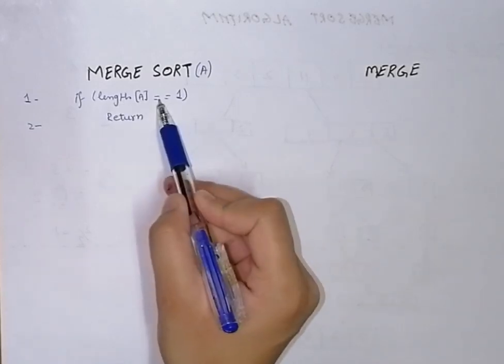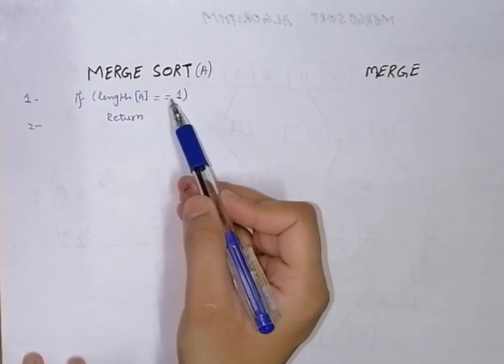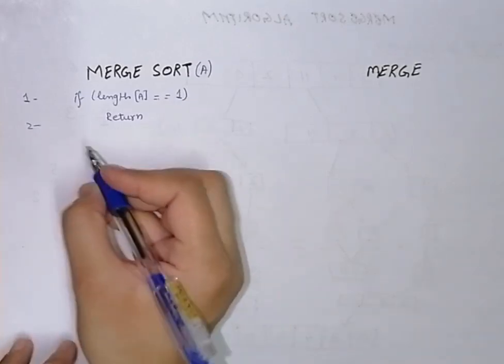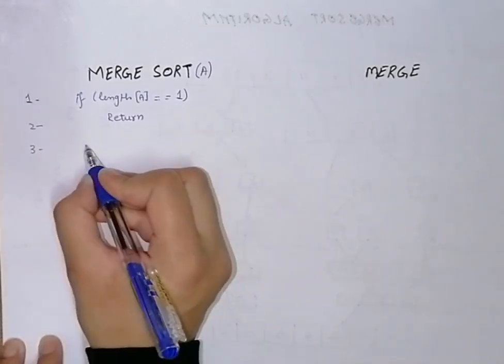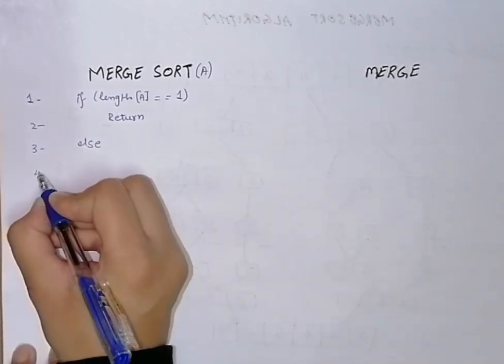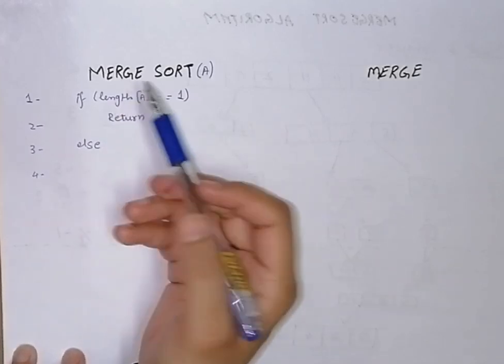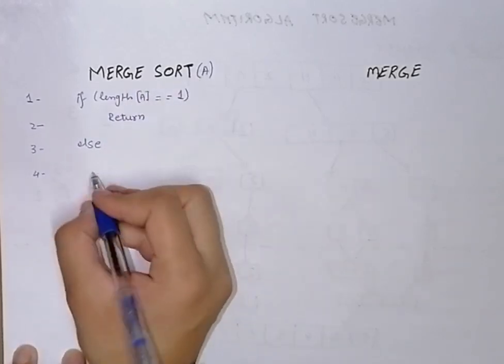If you have encountered an array with length greater than 1, you need to perform some other operation, which will come in the else part. So in the else section, we split this array into two parts.